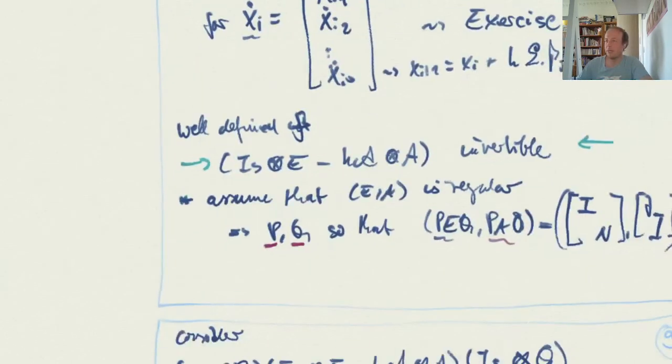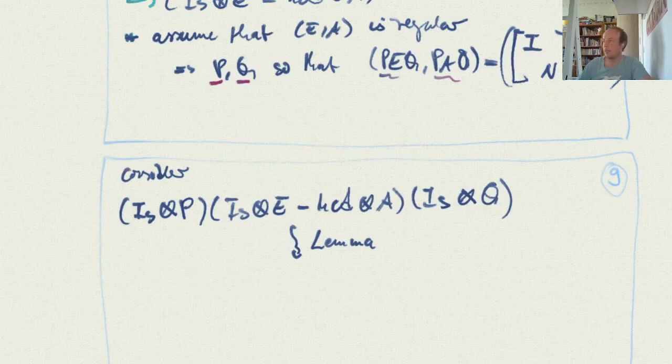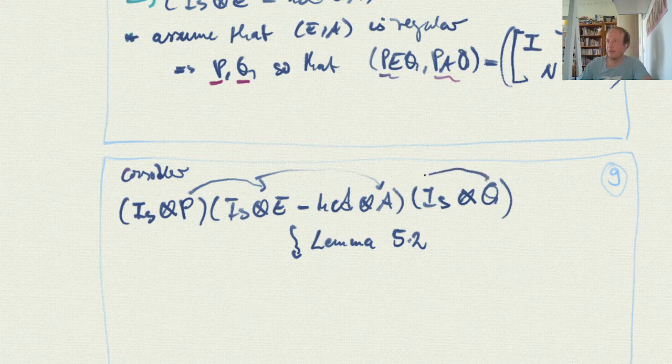We have applied this a number of times, and in this case this is lemma 5.2 in the script. The P acts only on this A matrix here, and same with the Q. So we have to apply this twice.